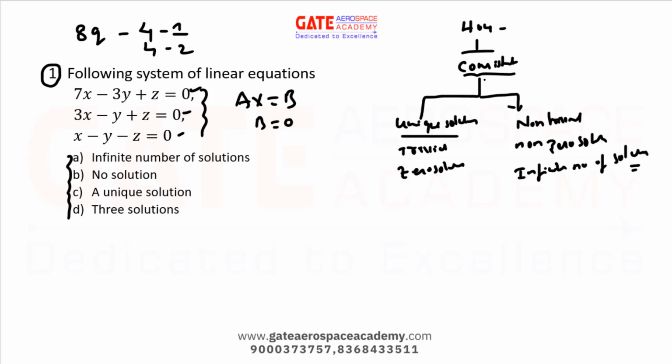So one thing is very clear: homogeneous linear equations are always consistent. That means it will have a unique solution or infinite number of solutions. So straight away option B is gone.